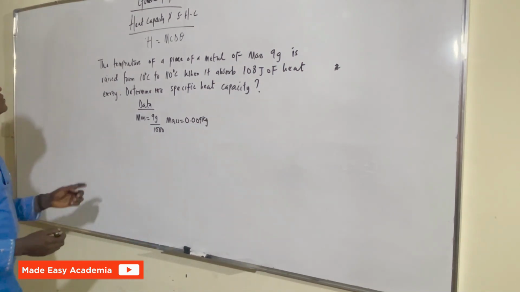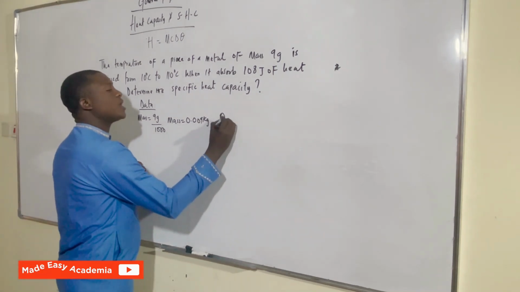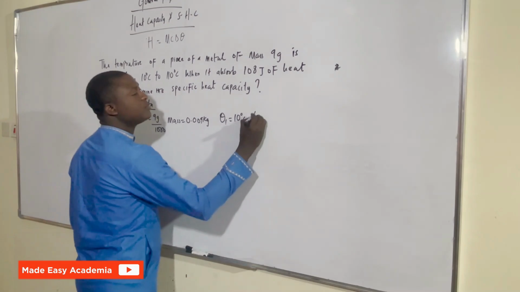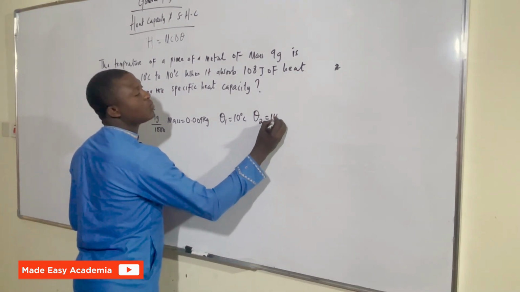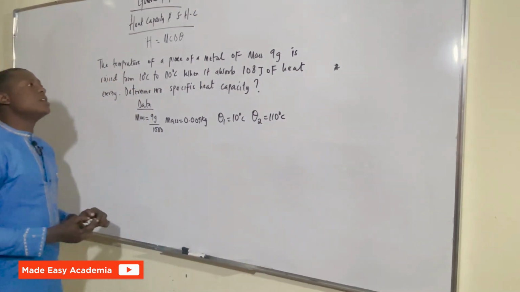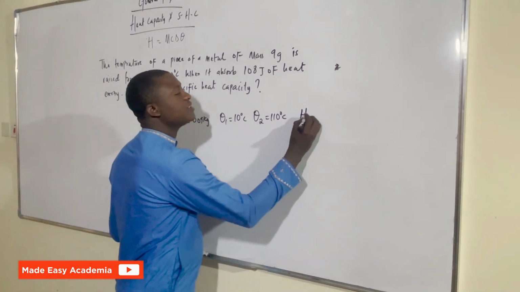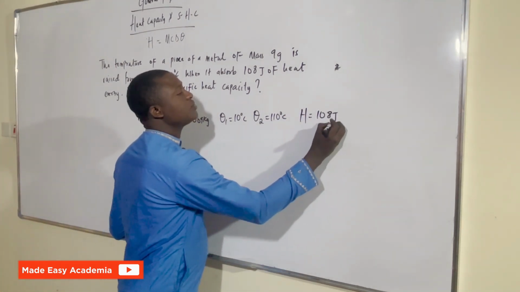They say it's raised from 10 degrees Celsius, so our temperature 1 is 10 degrees Celsius, to 110. That is, our temperature 2 is 110 degrees Celsius. They now said when it absorbed 108 joule of heat energy, so our heat energy given there is 108 joules.